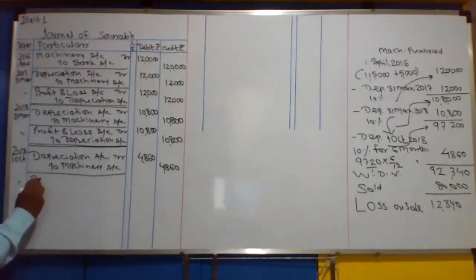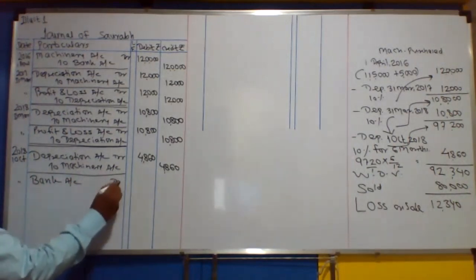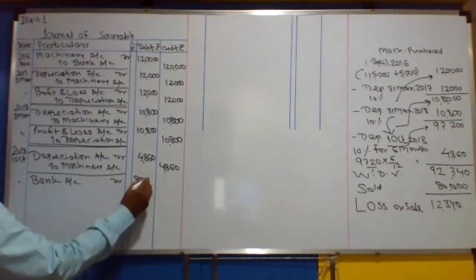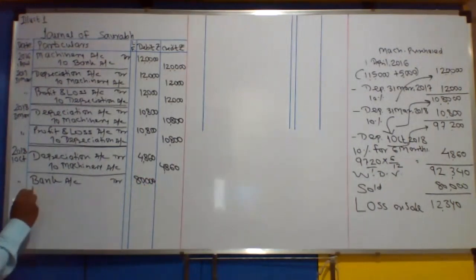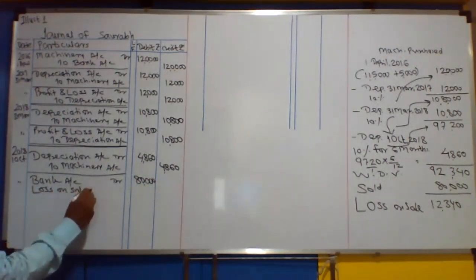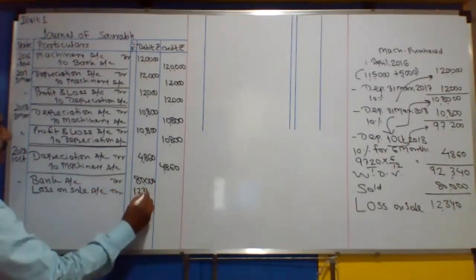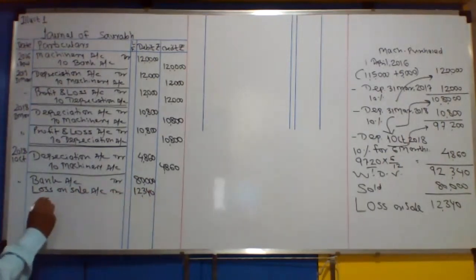आता sales entry with loss. Bank account debit 80,000. Loss on sale account debit 12,340.